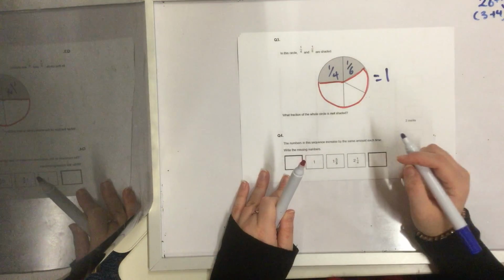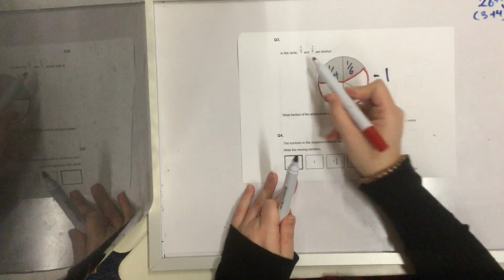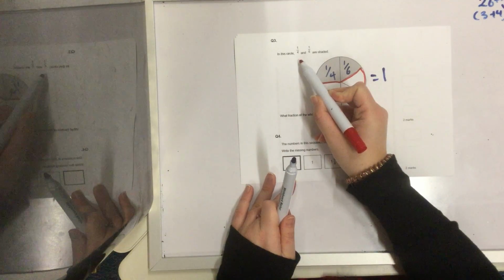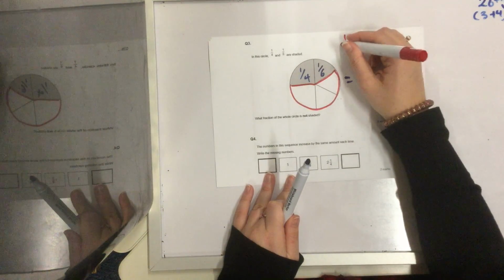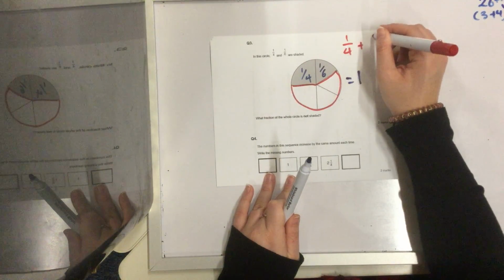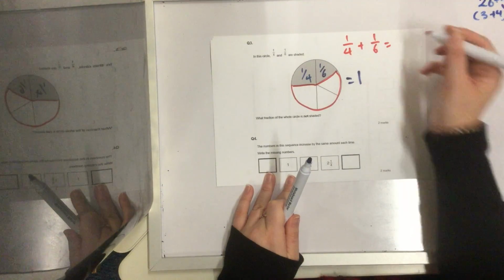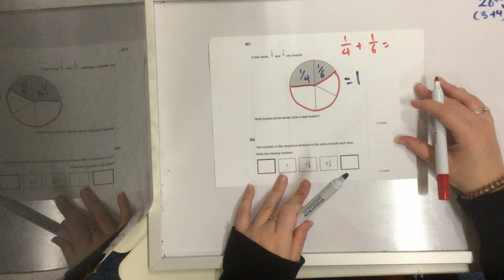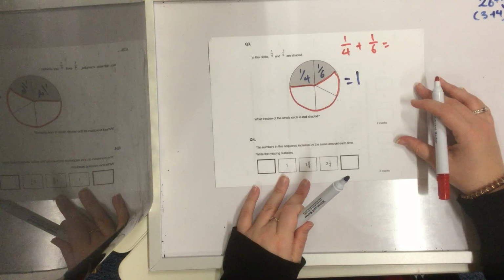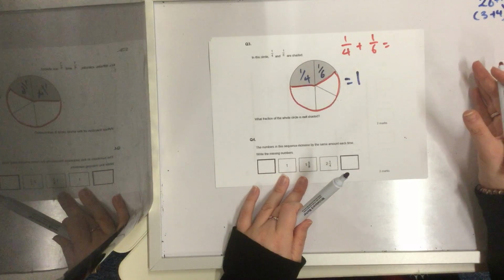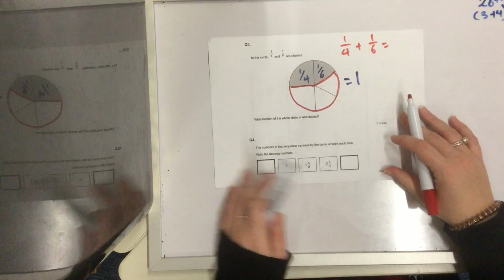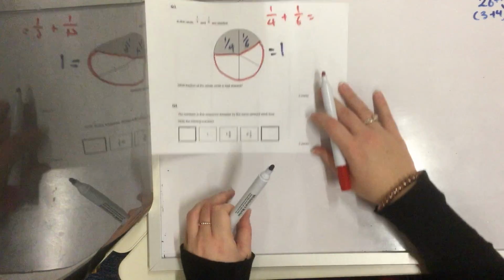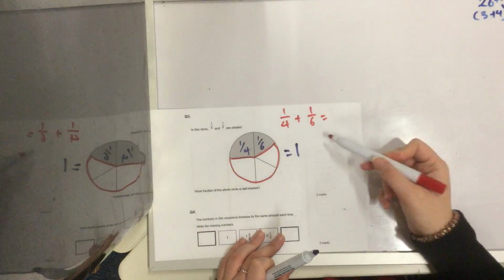So all we need to do, same as yesterday, is we've got 1/4 and 1/6. We're going to add them together, and then we'll see what we are left over with, and then that answer will hopefully be this area here. So we're going to add these two together.